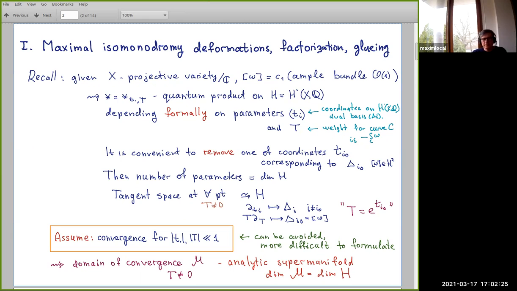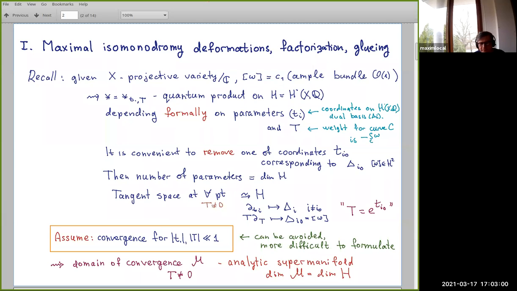Okay. Yeah, so the number of coordinates is the dimension of cohomology plus 1. So it's better to remove one of the coordinates t_{i0}, which corresponds to the class delta_0, which is the class of the symplectic form in second cohomology. And now the number of parameters will be the dimension of my cohomology. The tangent space at each point to this parameter space, which is still formal, is identified with my space of cohomology, and I should remove my limiting point when t equals 0.